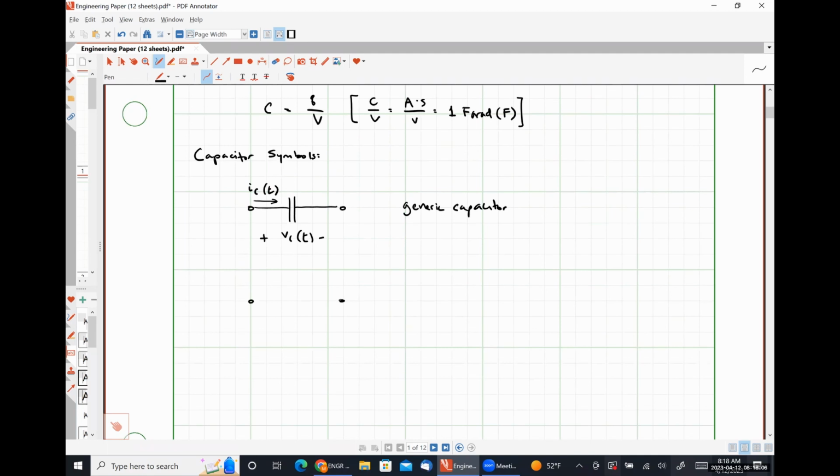The second symbol that you may see, not in this class, but if you're watching YouTube videos and all that kind of stuff to supplement things, or you're looking at particular circuit diagrams, you'll see this symbol where one of the plates appears to be curved.